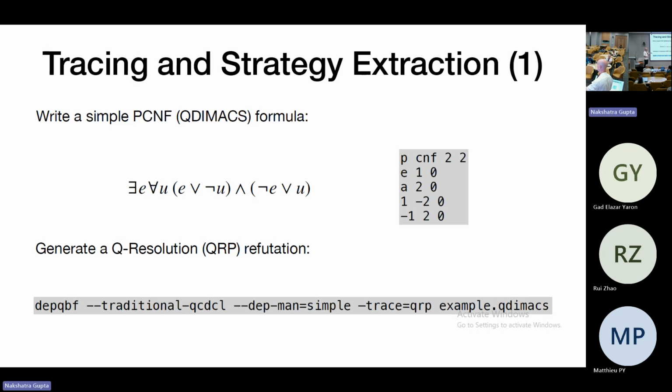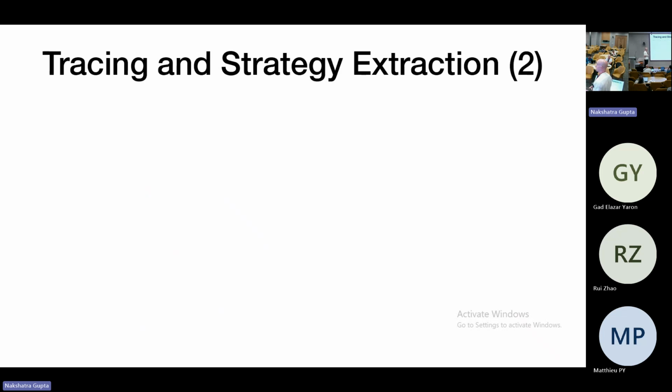You can then write that output to a proof file, and then actually obtain the winning strategy from that proof file. So first, you might want to use a tool which is also linked on the website that makes sure that the trace is correct, syntactically valid.